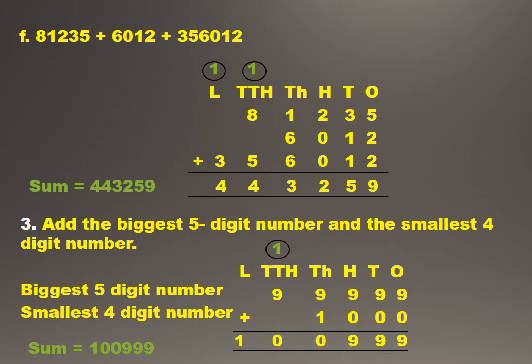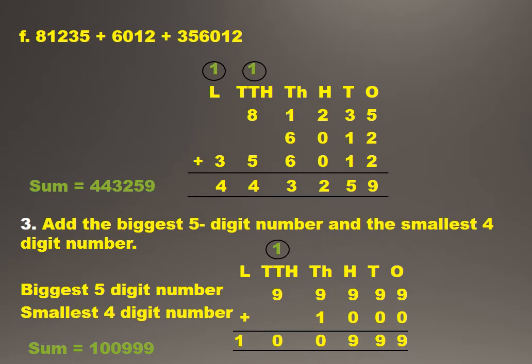Start from ones place. 5 plus 2, 7 plus 2, 9. Tens place. 3 plus 1, 4 plus 1, 5. 2 plus 0 is also 2. 1 plus 6, 7. 7 plus 6, 13. Place 3 on 1,000 place and forward 1 on 10,000 place.